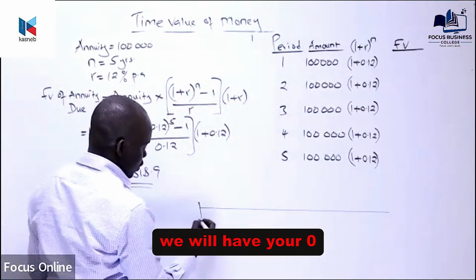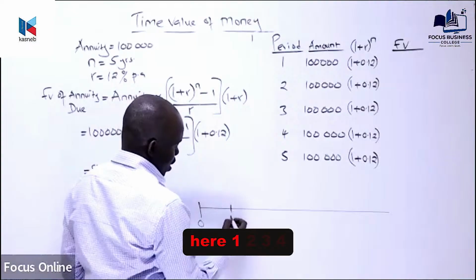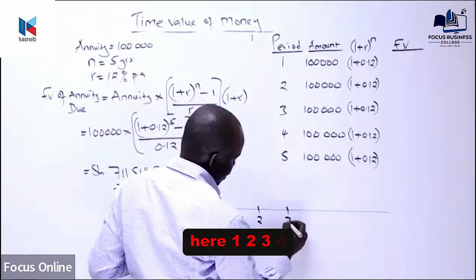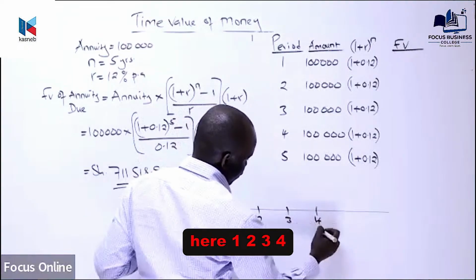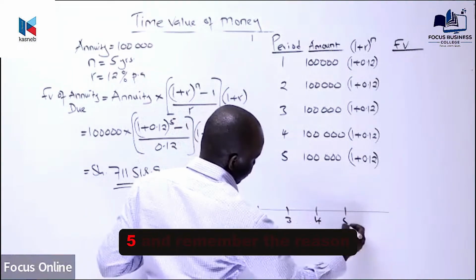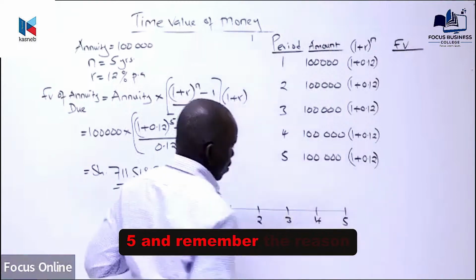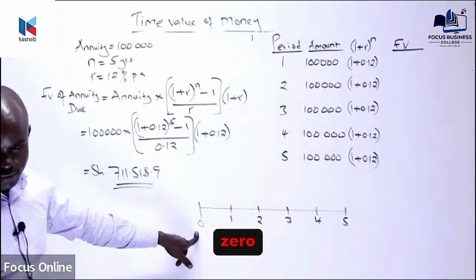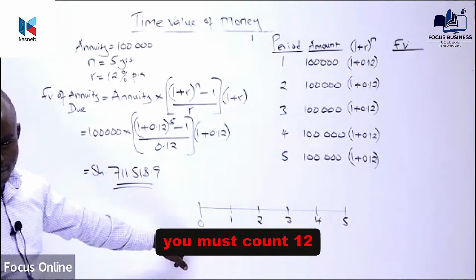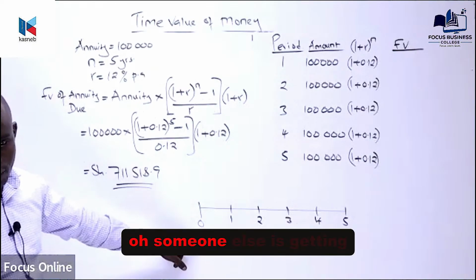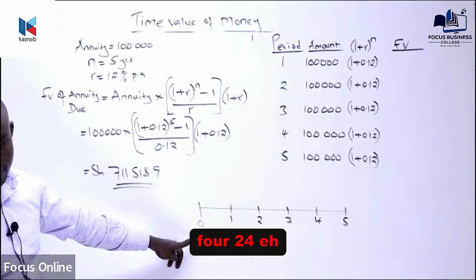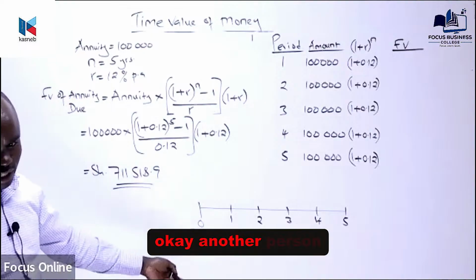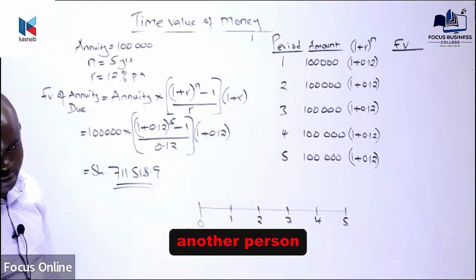We will have here 0, 1, 2, 3, 4, 5. And remember, the reason why we are starting at 0, you must count 12. Oh, someone else is getting 424? 711,424. Okay. Another person? A third person?